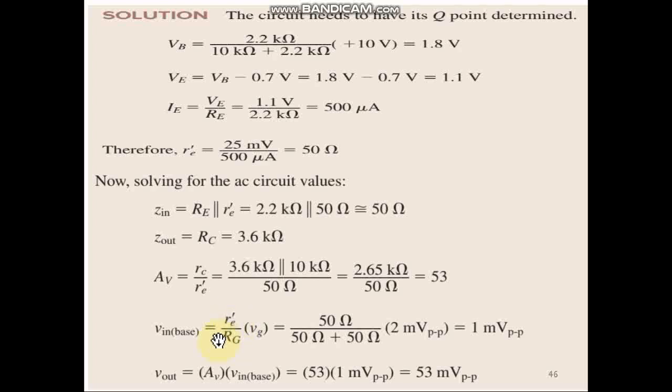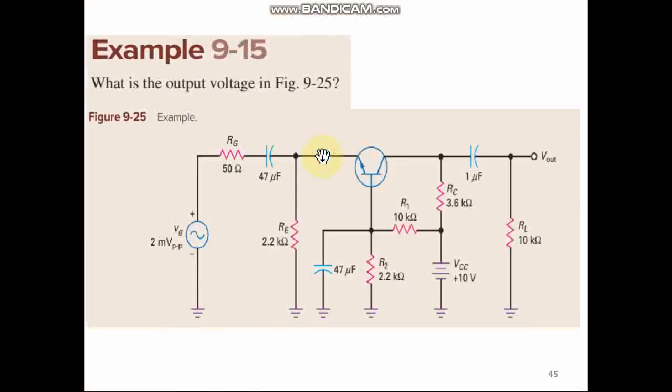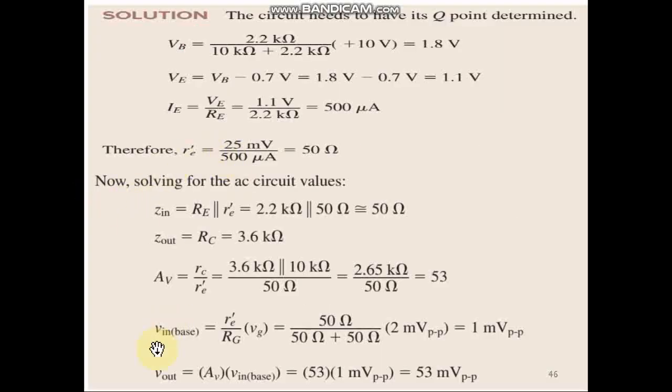So RE dash upon RE dash plus RG into VG, that is 50 upon 50 plus 50. Coincidentally your RE dash is 50 ohm and RG is also given as 50 ohm. So V in emitter will be 1 millivolt peak to peak. So your V out is nothing but V in into the voltage gain. It becomes 53 millivolt peak to peak.